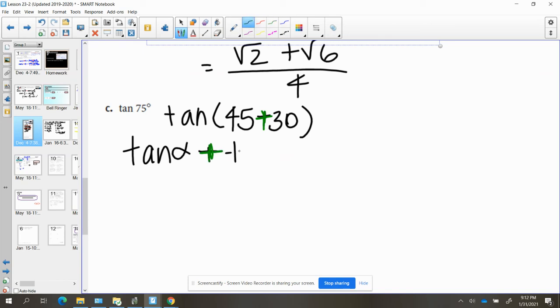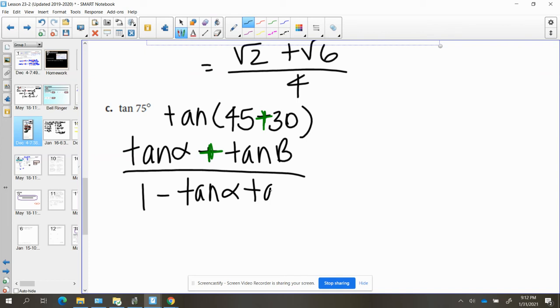So tangent of beta all divided by 1 minus tangent of alpha tangent of beta, right? And again, this time it's going to be opposite sign of what was in here. That's how tangent goes. Now again, we have alpha and we have beta. So 45 and 30, 45 and 30.